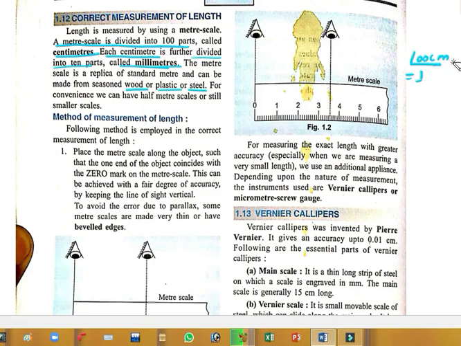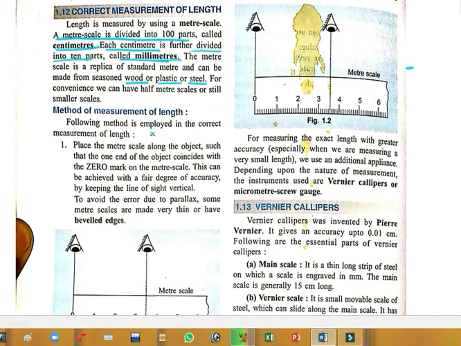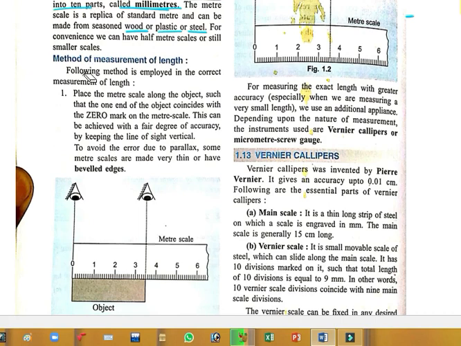Okay, so now, the method of measuring length. So how will we measure the length, or what are the methods to measure the length? We need to understand that. The following methods are employed to correctly measure the length.